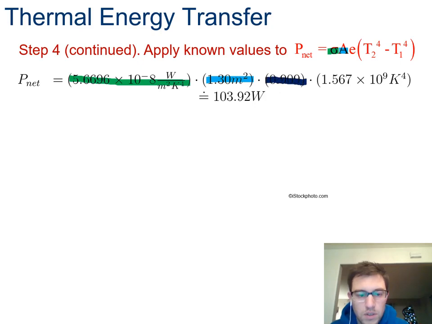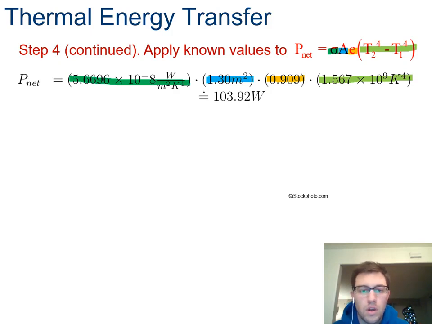Let's go with this number here, matches up with my emissivity, and then this number here matches up with my change in temperature. Okay, so they multiplied all those together, and we got 103.92 watts.